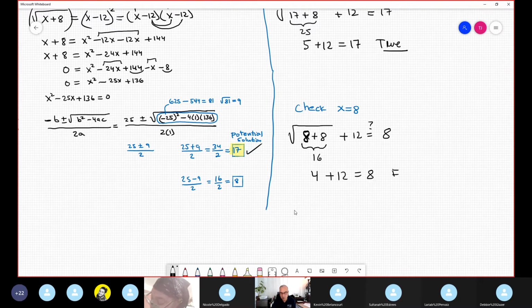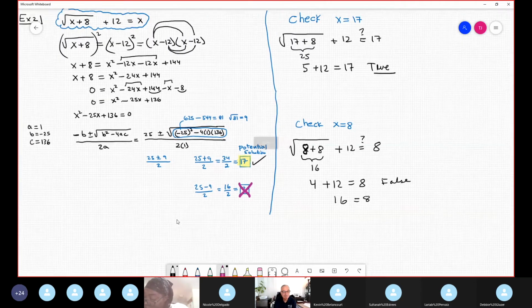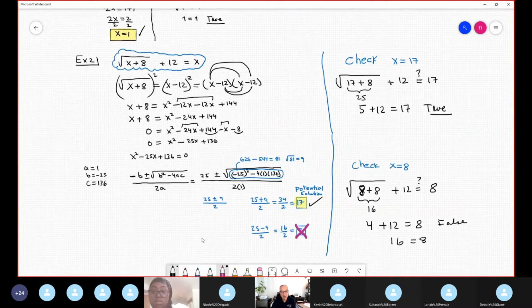This statement is completely false because 4 plus 12 is 16, and 16 is not equal to 8. Therefore, this solution is wrong. And the only solution that we have in this equation is 17.